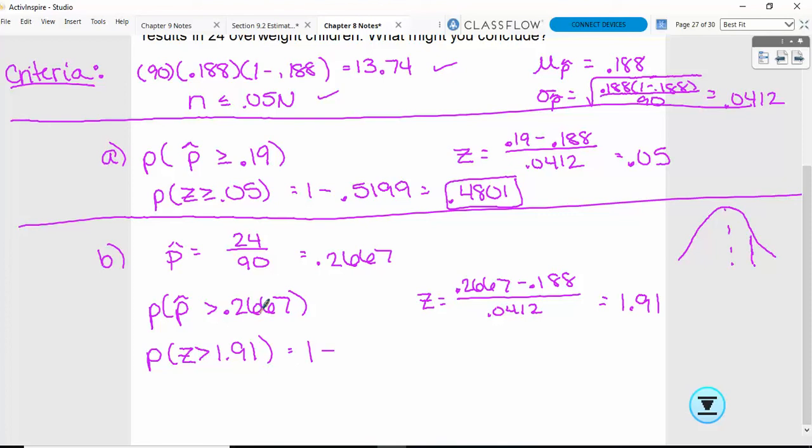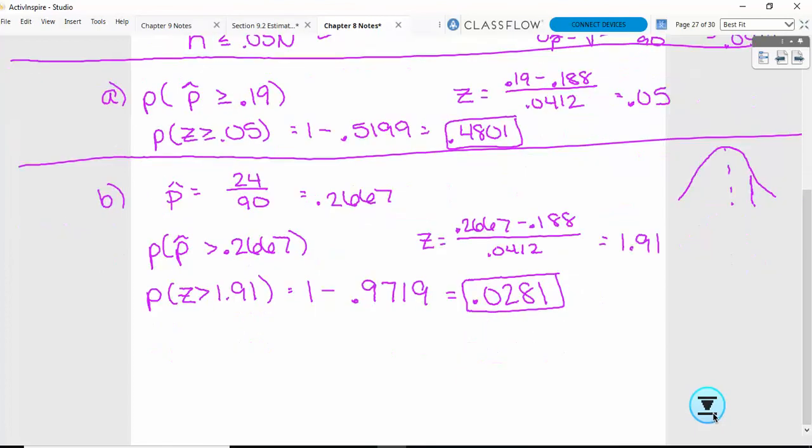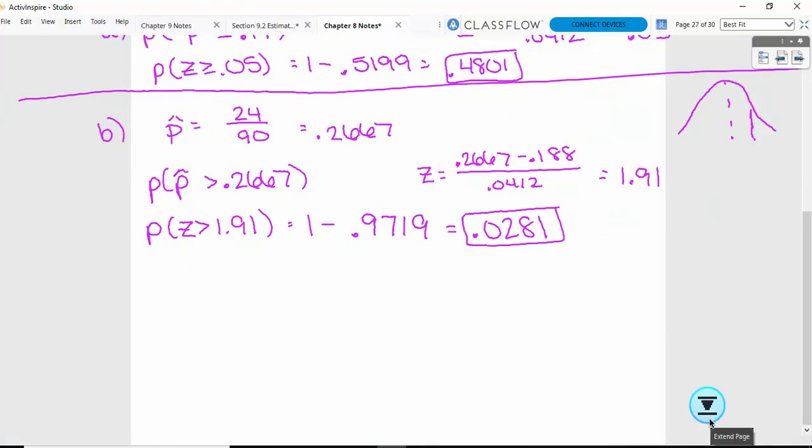So greater than is 1 minus, if we look up 1.91, I get 0.0281.